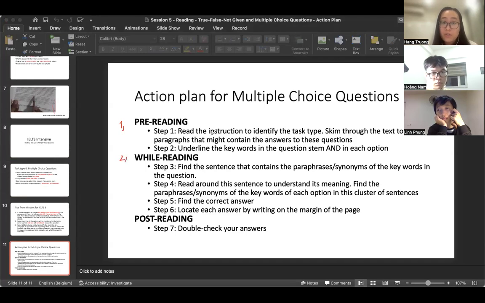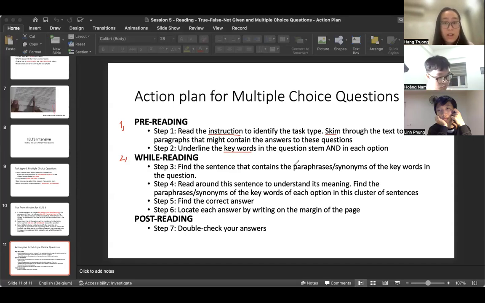You always read the instruction first to know what task type it is, and give it a very quick skim to see in which parts of the passage is the location for each answer. Then always find the keywords, both in the question stem and also in each of the 4 options.